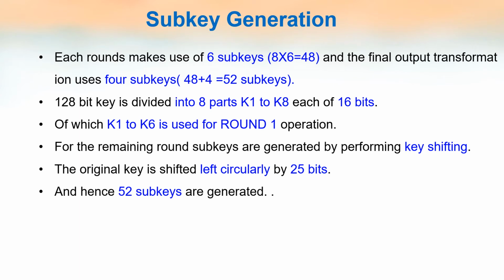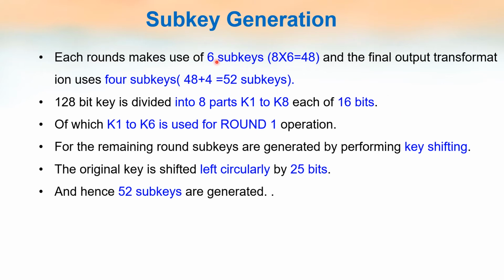We have already understood how the plain text is converted to the ciphertext, and we have seen that in each of the rounds 6 subkeys are used. Our main key is one key of 128 bits. From this main key, we have to generate the subkeys for each of the rounds.